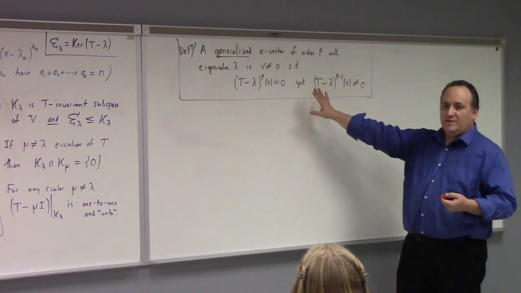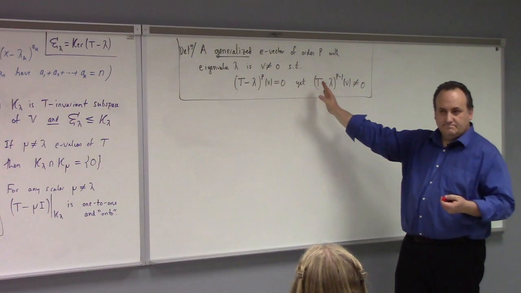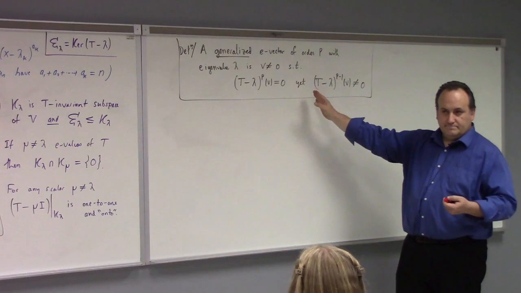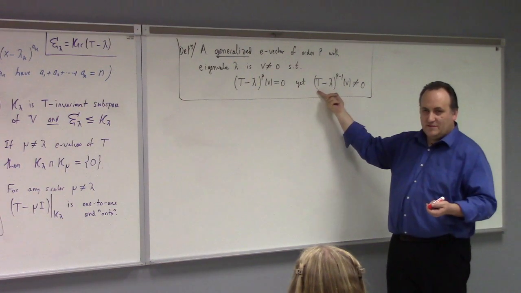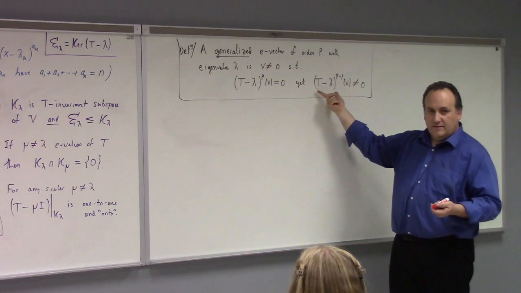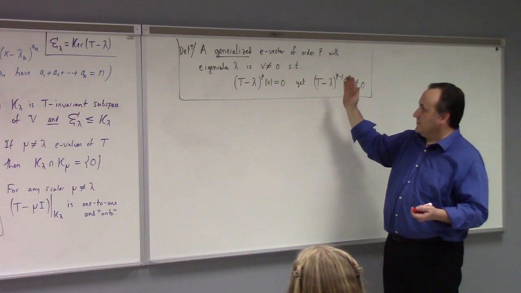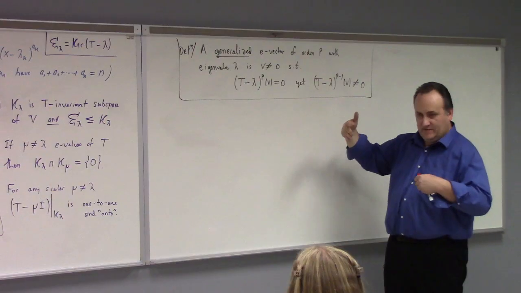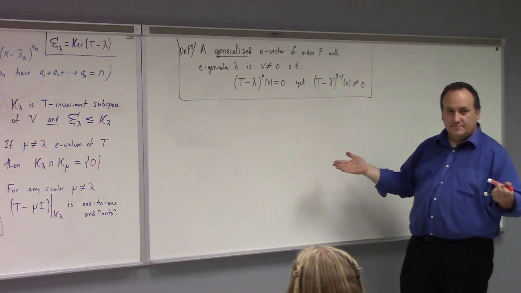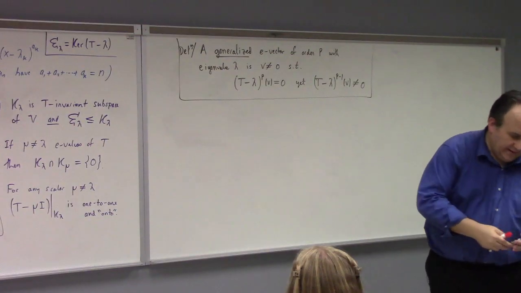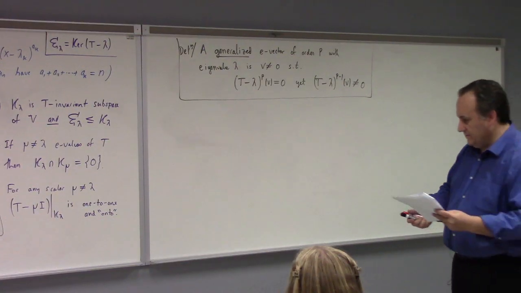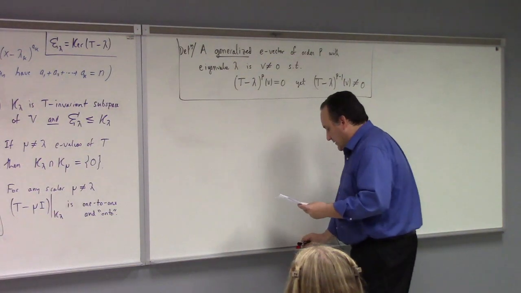So, special case, p equals 1 is just what? When you put p equals 1, this just reduces to the 0th power, which is understood to be the identity transformation. So a generalized eigenvector of order 1 is just an eigenvector, plain and simple. But the higher order ones are less familiar.